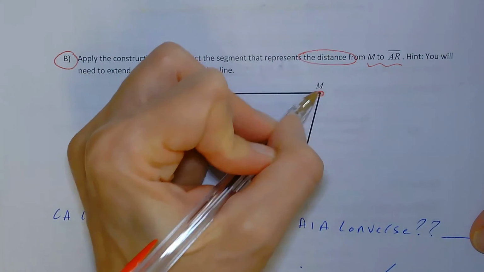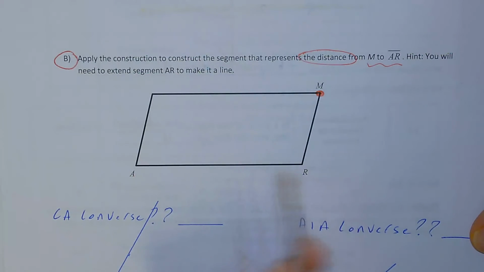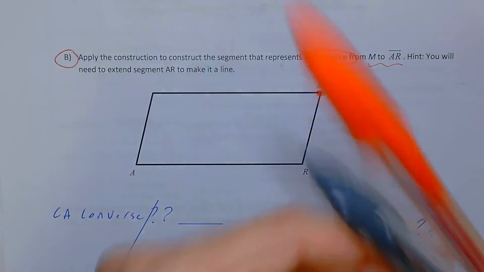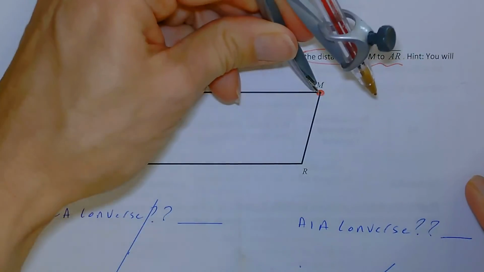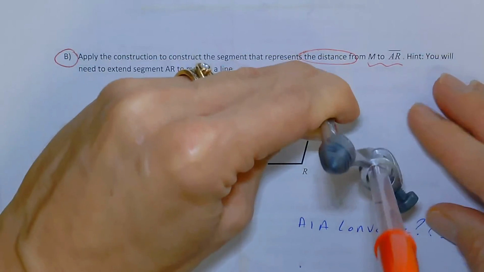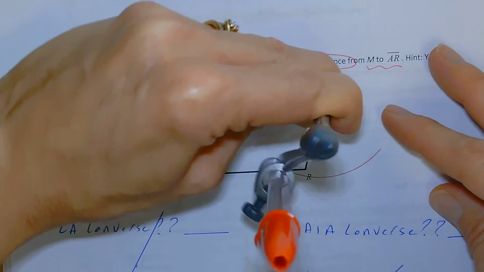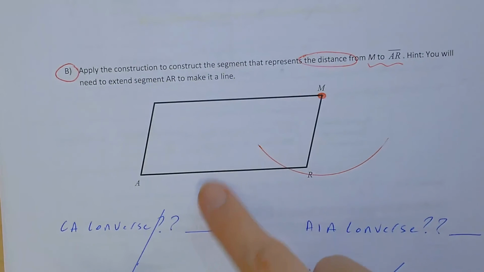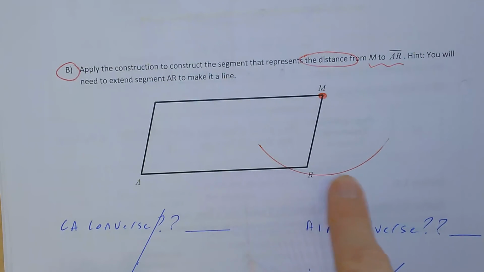Okay, so here's M, and we need to go down to AR. So we're going to do the construction, and here's what kids normally do. They start by putting their compass here, which is what you're supposed to, and they make a smiley face, and then they look at me with this funny look like, wait a second, that didn't work because I don't have 2 intersections. So remember the idea is you can always extend these segments.